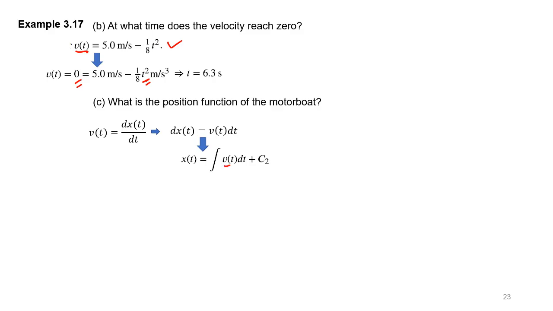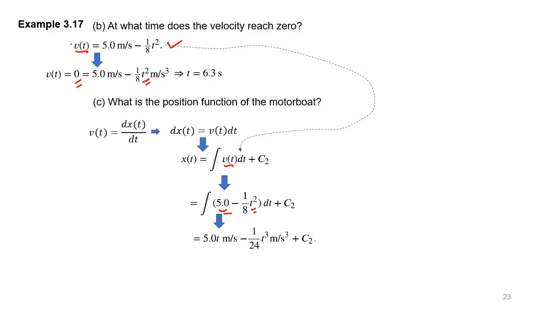What is v(t)? It is the velocity function. If you integrate this velocity function, what you get is 5t minus 1 by 24 t cube plus c2. So this is basically x(t). Now we need to evaluate c2.